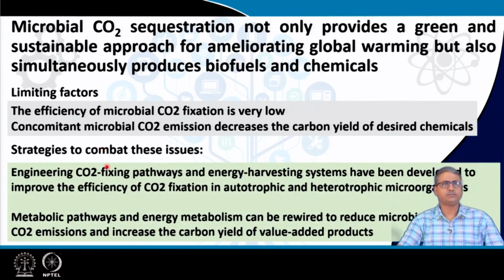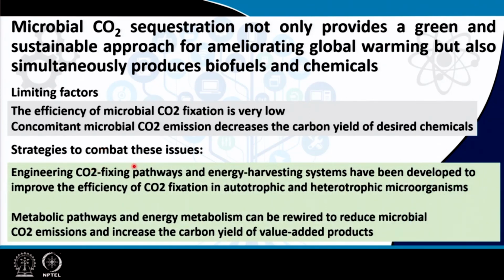So, one aspect is engineering the CO2 fixation pathway, and energy harvesting systems have been developed to improve the efficiency of CO2 fixation in both autotrophic and heterotrophic microorganisms. On the other hand, the metabolic pathways and energy metabolisms can be rewired to reduce microbial CO2 emission and increase the carbon yield of value added products.